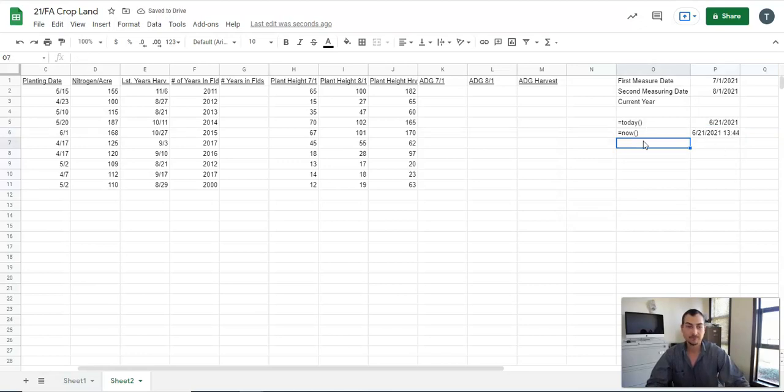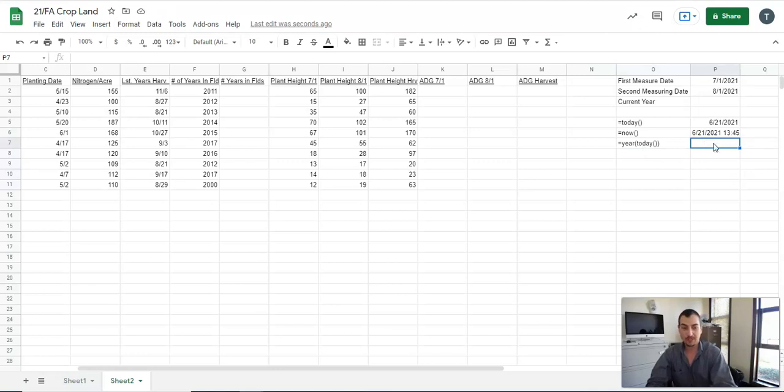We could say some other ones like equals, well, then we get into some other formulas that are based off of that. So for example, if we combine equals year with the formula today, it'll actually give us the current year. So what we're doing right now is we're actually putting a formula within a formula.